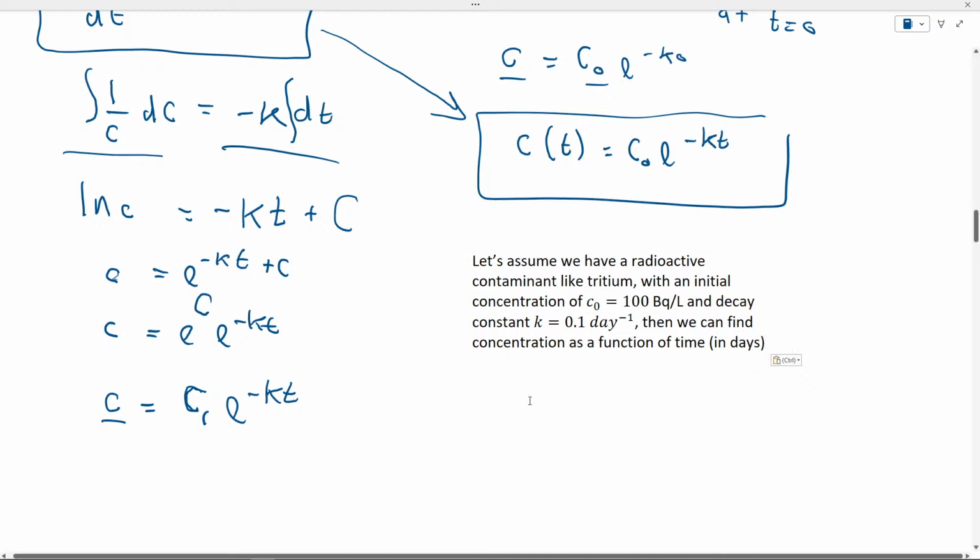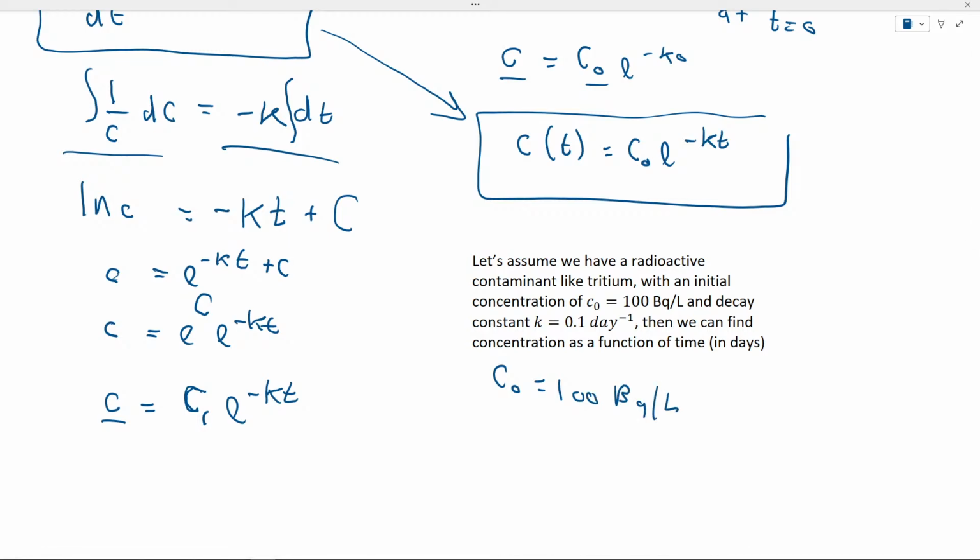Let us assume we have a radioactive contaminant like tritium with an initial concentration C naught, given in Becquerel per liter, and a decay constant of 0.01 per day. Then find the concentration as a function of time in days.